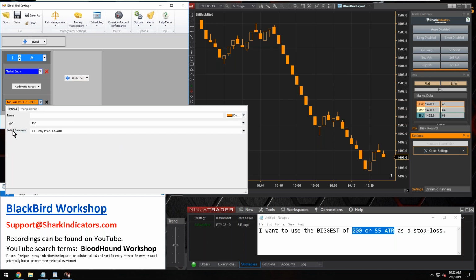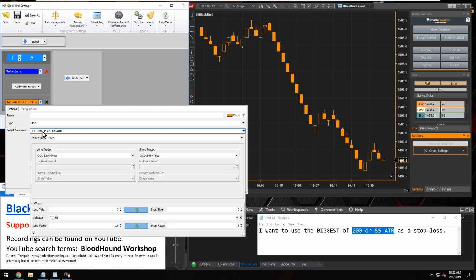So your position is opened, and the initial placement fires off at the 55 ATR.